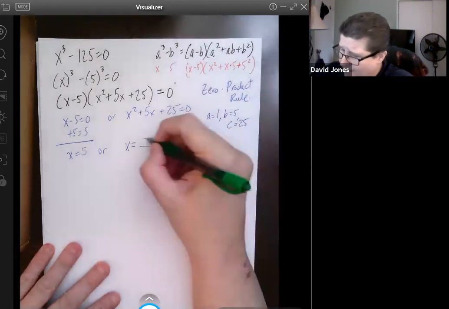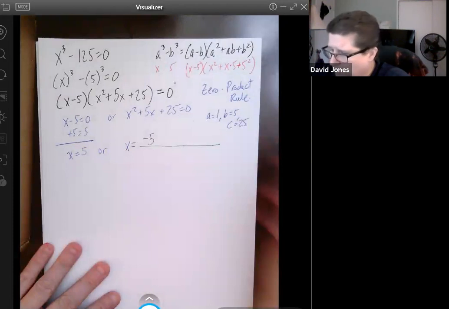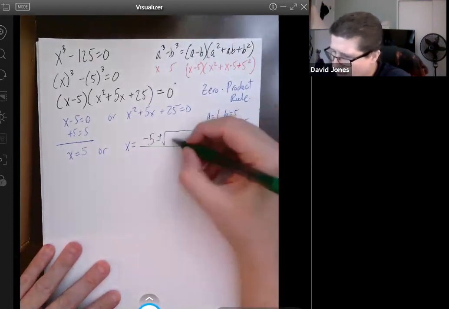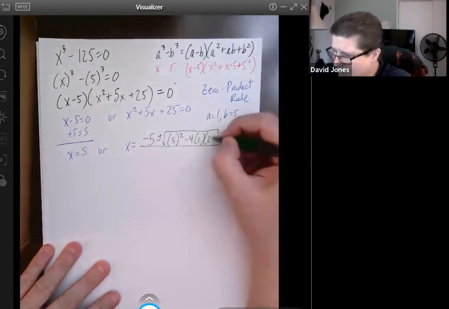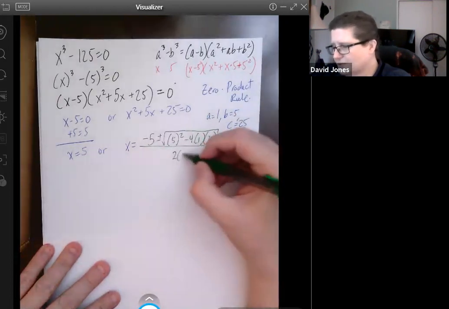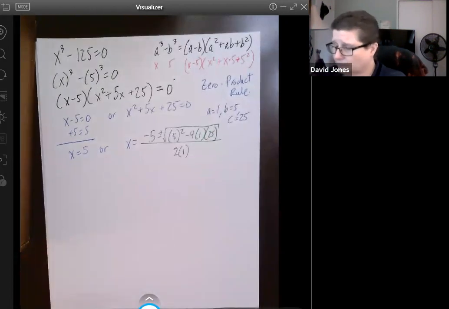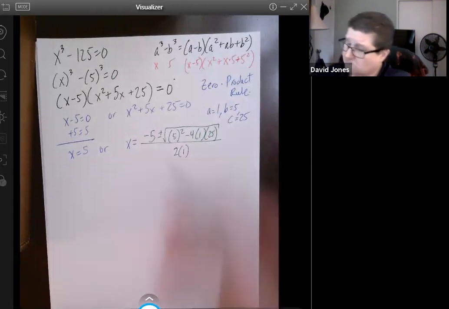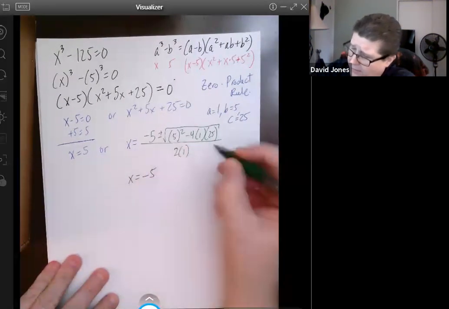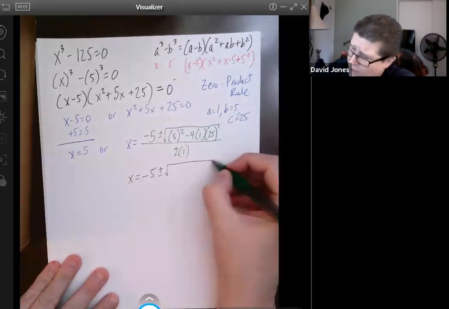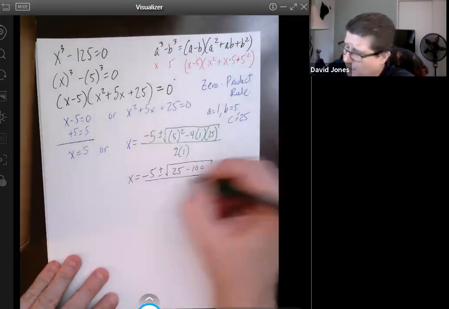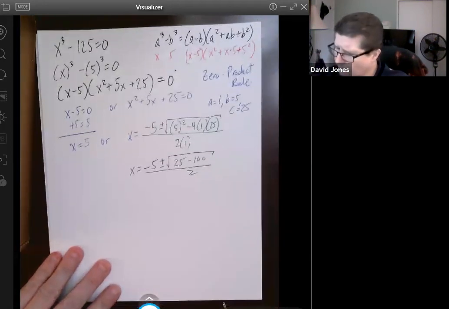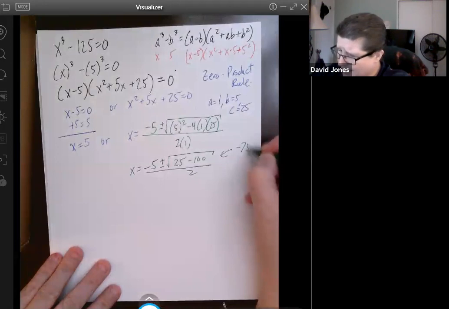So I've got negative 5, that's negative b, plus or minus the square root of b squared, which is 5 squared, minus 4 times a times c, all over 2 times a. Well, not pretty. 5 squared is 25, and 4 times 1 times 25 is 100. The bottom's 2. So that's negative 75 on the inside.